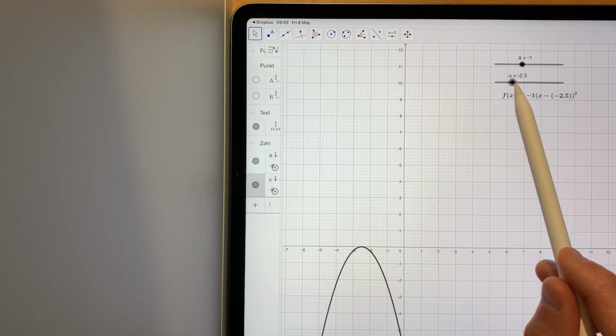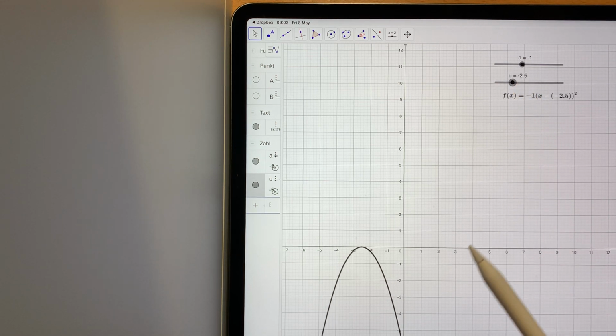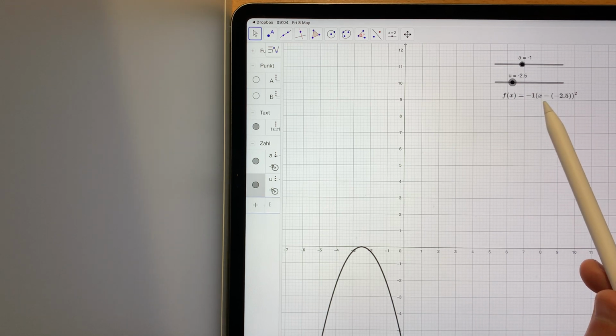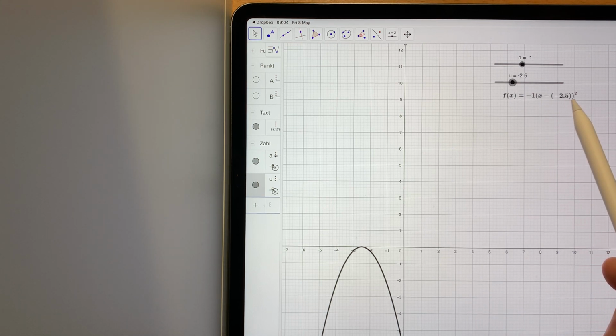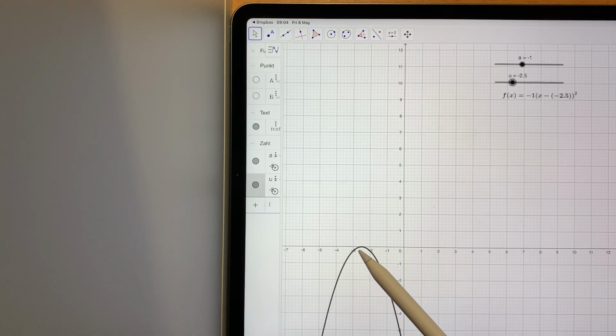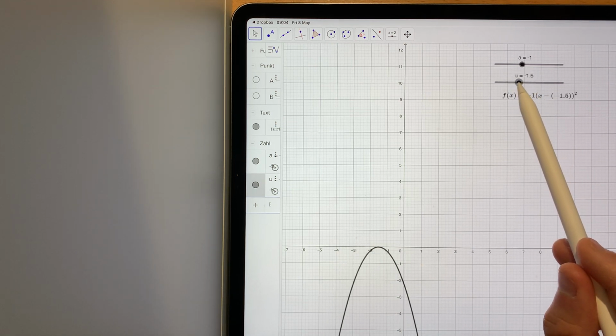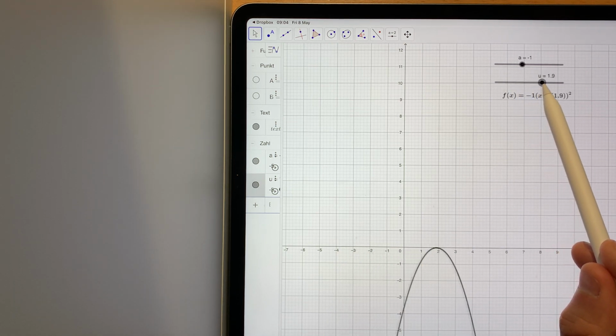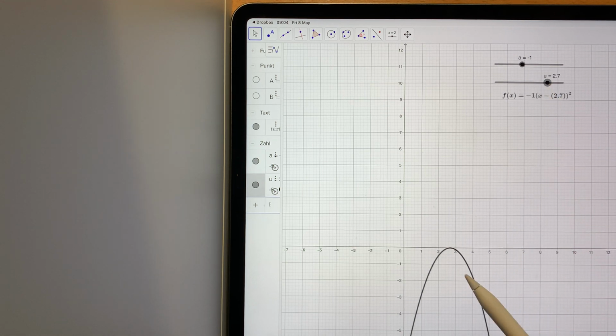As I put it here on minus 2.5, that means it's x plus 2.5 squared and a minus 1 in front of it. So it will have its highest point at minus 2.5. And as I go over here, let's say 2.7, it will be shifted to the right by 2.7.